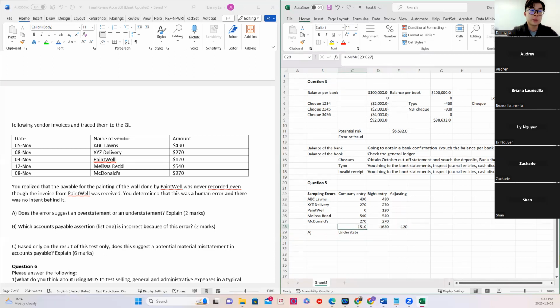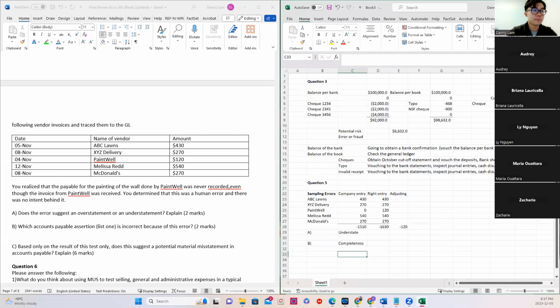So yeah, it is accuracy, but they're omitting this expense, Paintwell. What is omission? Which assertion is it? Completeness. So that's why I would put this as completeness, not because we're going from the documents to yada yada, but as soon as you see an omission, then it would be completeness. So you had a good answer, you just did not know why exactly to justify it.